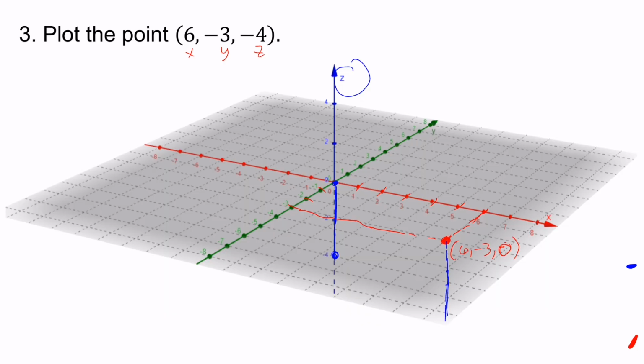So, I'll just duplicate that length here. I think that's the same. So, this point here is 6, negative 3, and the z coordinate is negative 4. So, that's it.